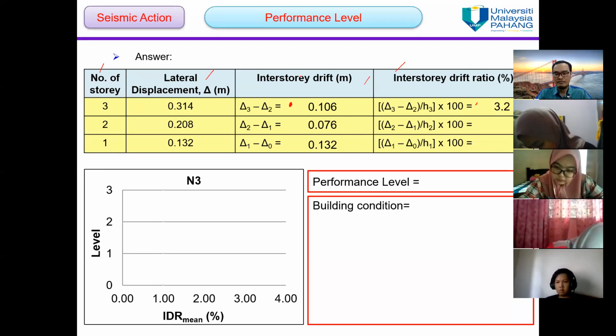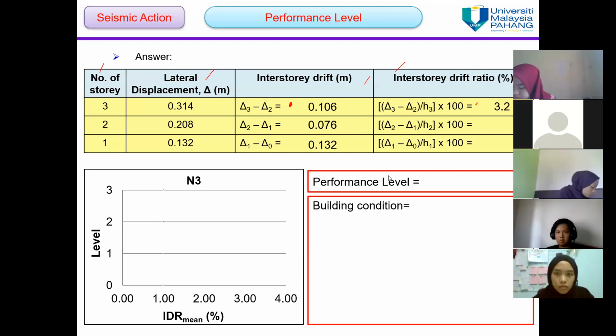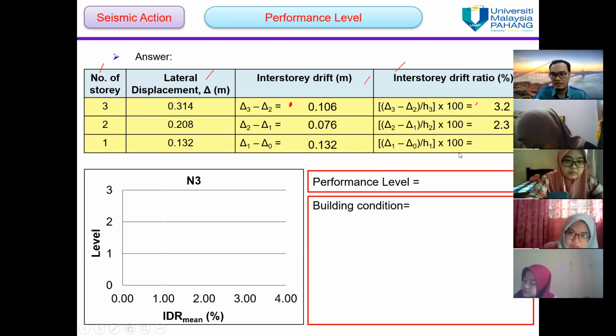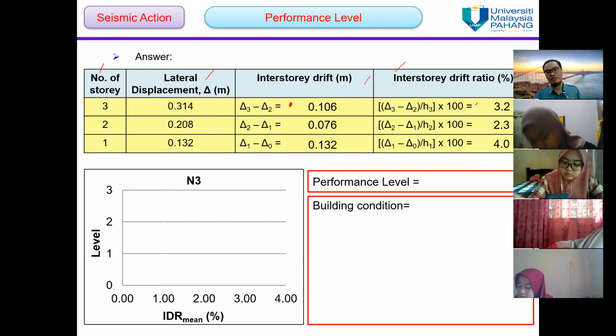Sorry, number 2: 2.3. Okay, good. Story number 1: 4.0. Okay, so this is the answer of interstory drift ratio.